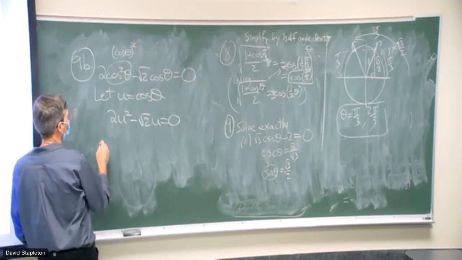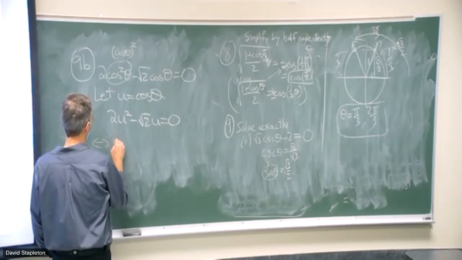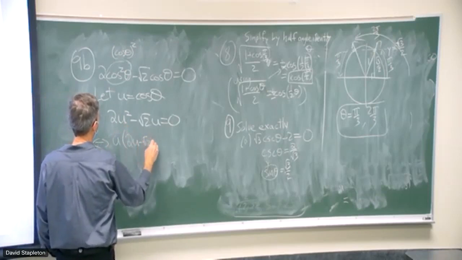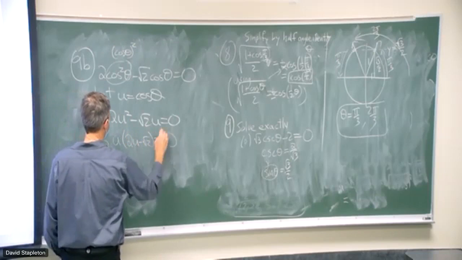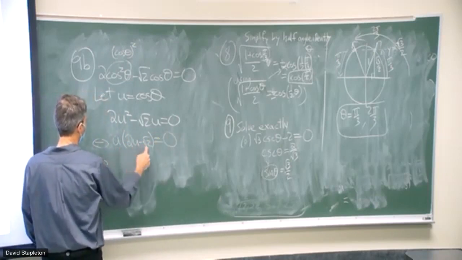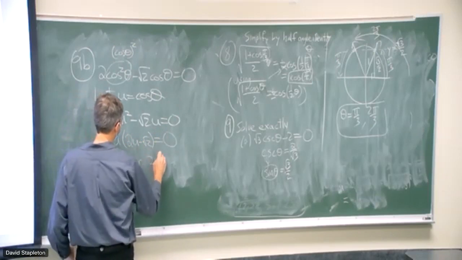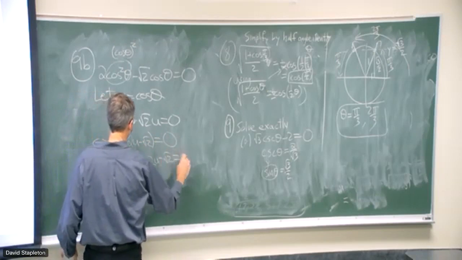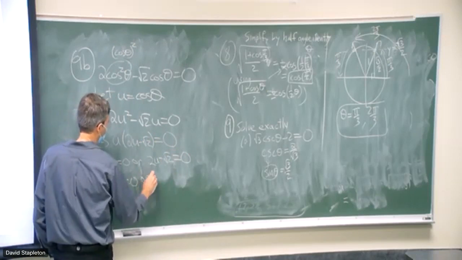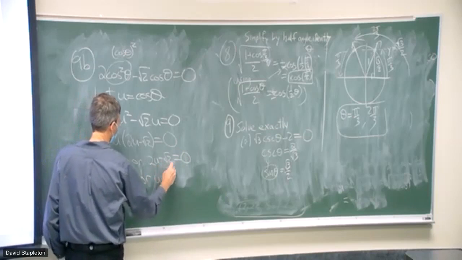All right, now I can do it by factoring or the quadratic formula. I can factor a u out, call it u times (2u minus square root 2) equals 0. By factoring, that says equivalently that one of these factors is 0, either u equals 0 or 2u minus square root 2 equals 0. Equivalently u equals 0, or this one, if you add square root 2 and divide by 2, you get u equals square root 2/2.